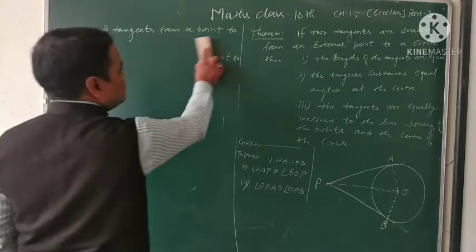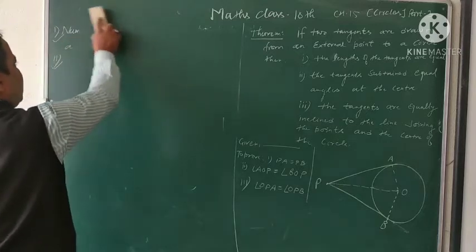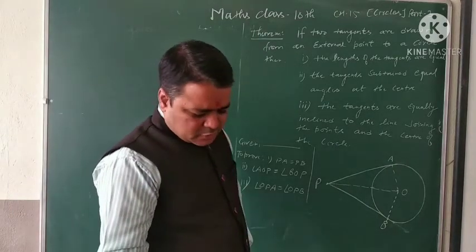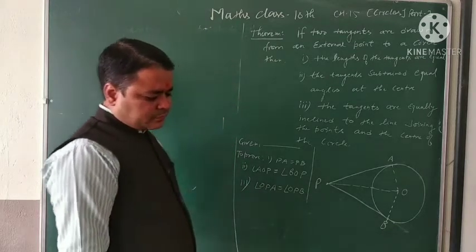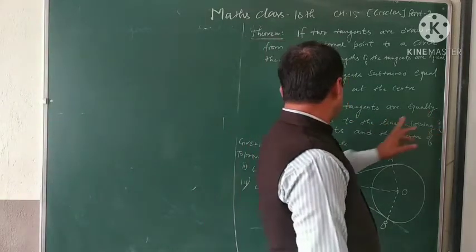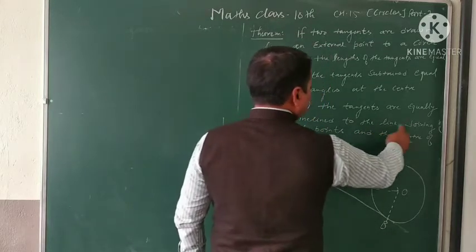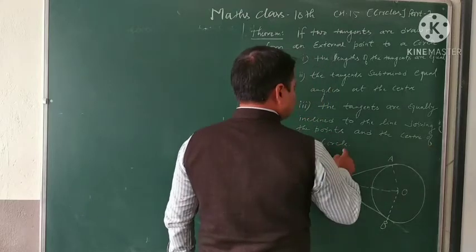And the second is that the tangents subtend equal angles at the center. And the third one is that the tangents are equally inclined to the line joining the point and the center of the circle.